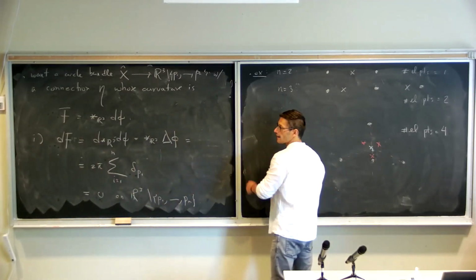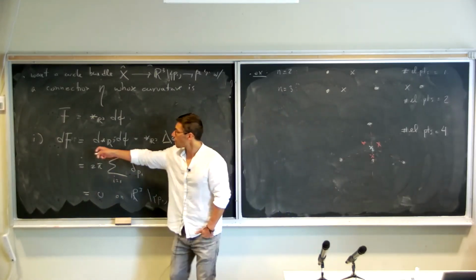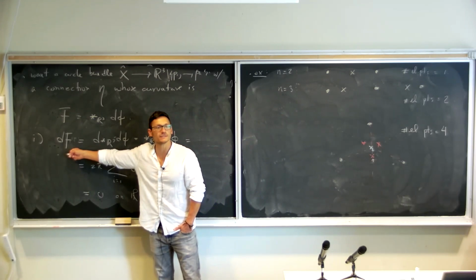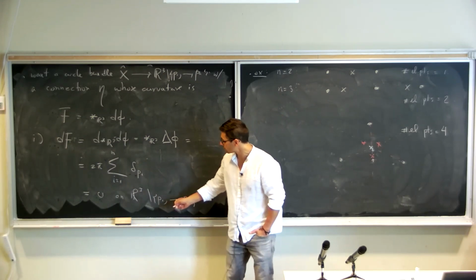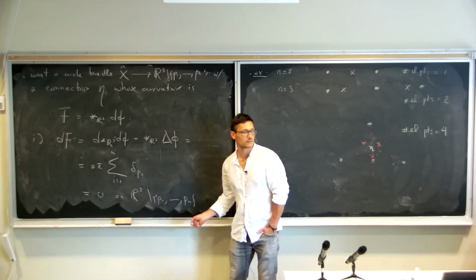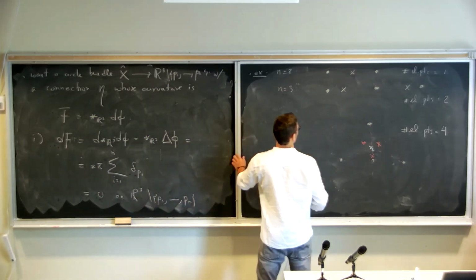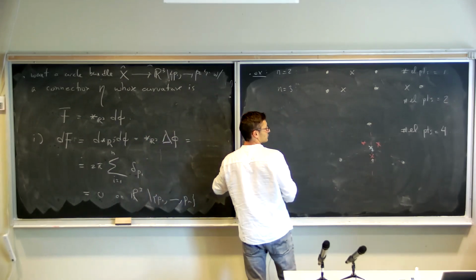And now we need to check the homology class that it defines, as integral periods around the generators of the second homology of this space. So now we need the second requirement.